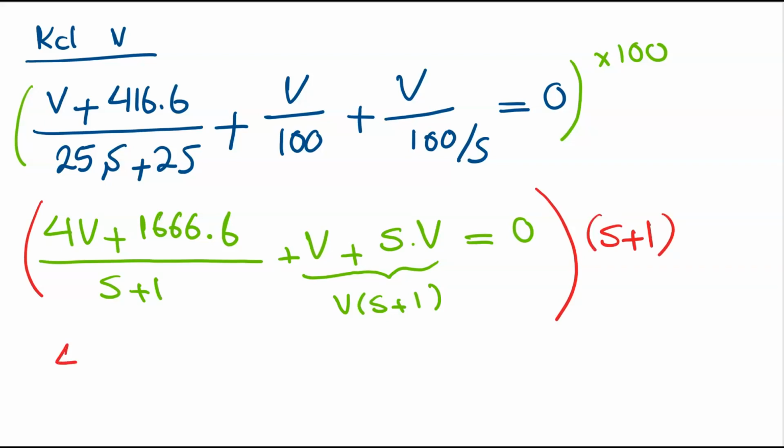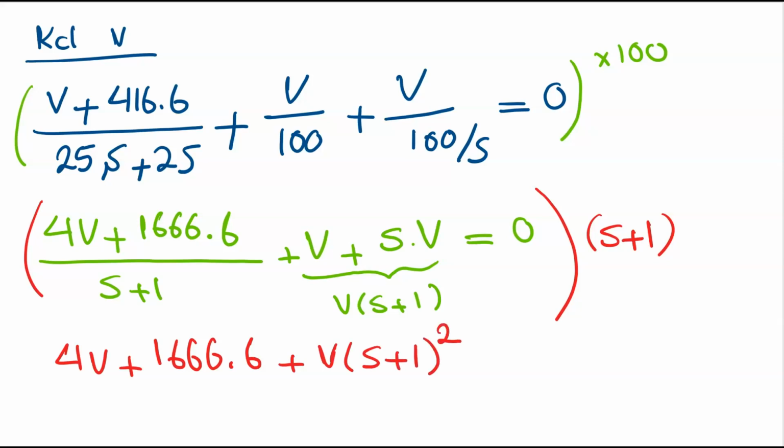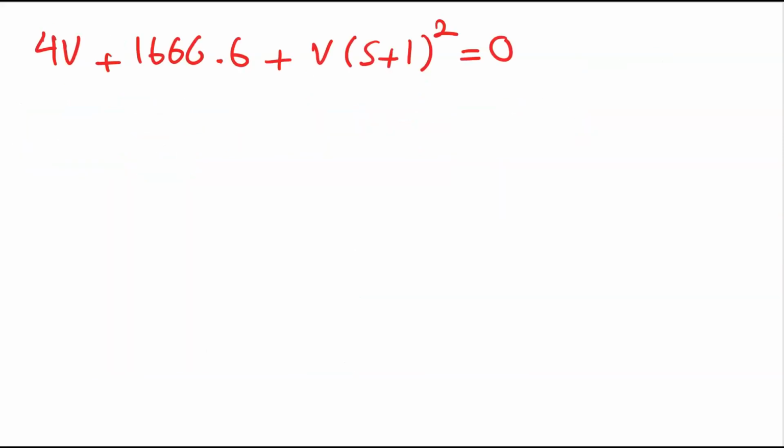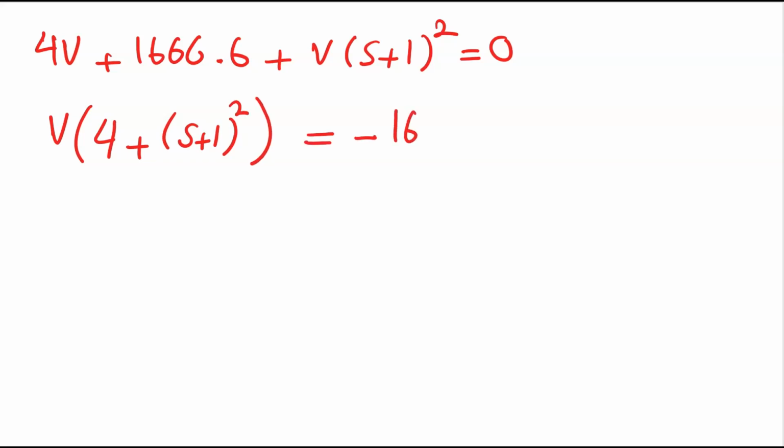So I'm going to have 4V plus 1666.6 plus V multiplied by S plus 1 squared equal to 0. Now what I'm going to do with this equation is keep those terms with V on one side and all the constants on the other side. So I'm going to have V multiplied by 4 plus S plus 1 squared, and on the other side I'm going to have minus 1666.6.